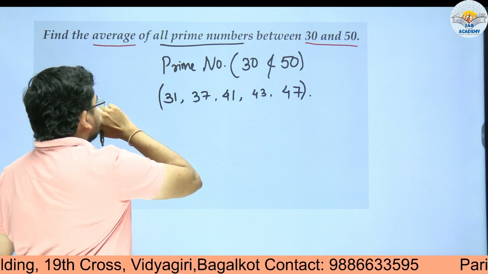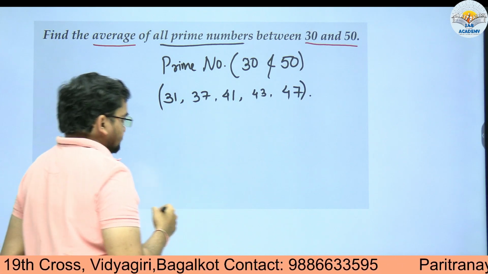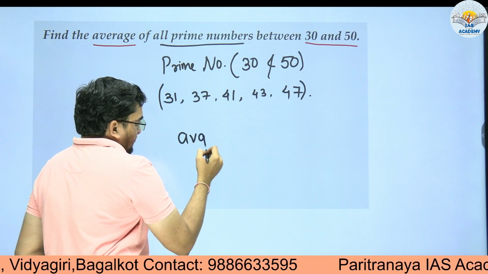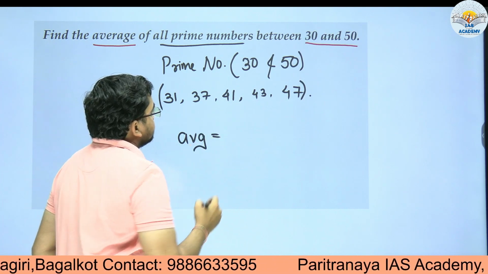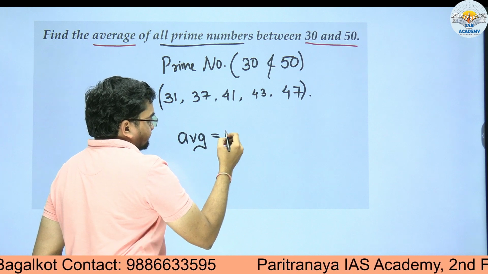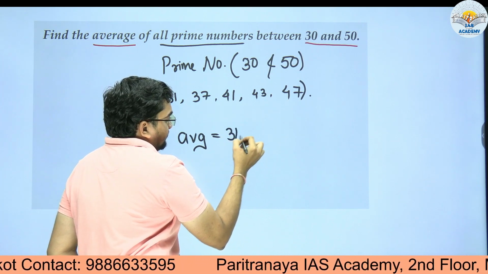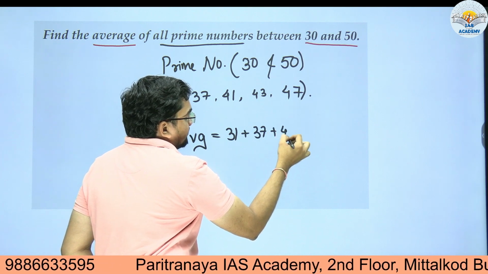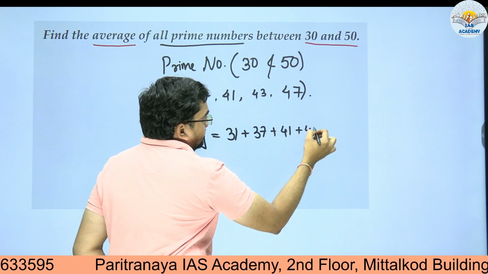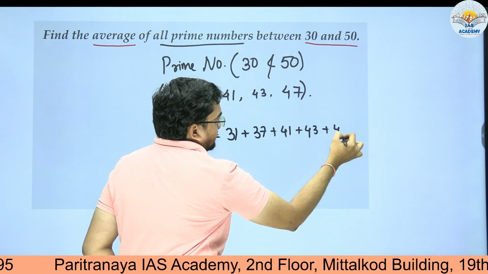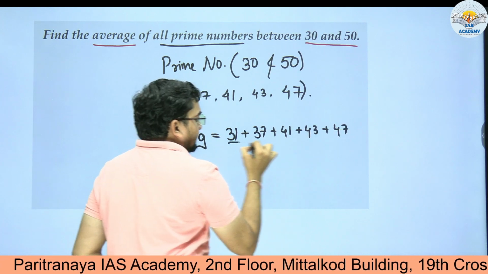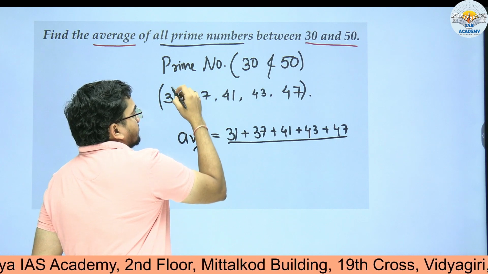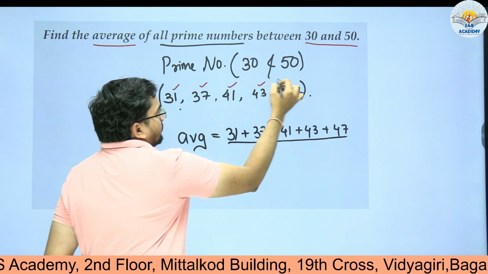So these are the observations. Find the average. Average is the sum of these observations: 31 plus 37 plus 41 plus 43 plus 47, whole divided by how many observations. 1, 2, 3, 4, 5.